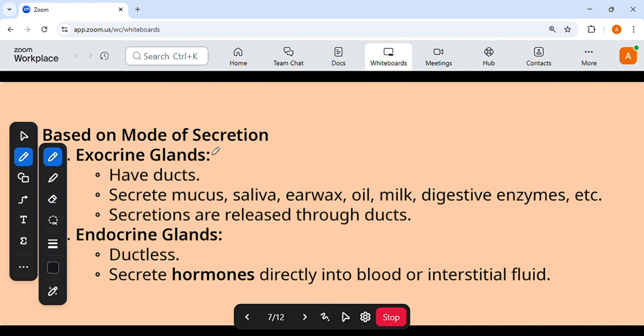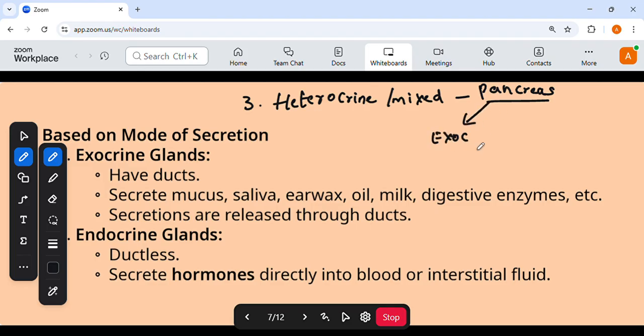And one more, heterocrine or mixed gland, which we find in the pancreas, because it functions as both exo and endo. The part functioning as exocrine is the cells of acini. These cells secrete the pancreatic juice.